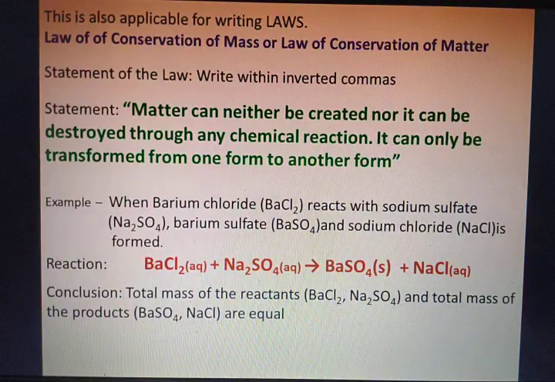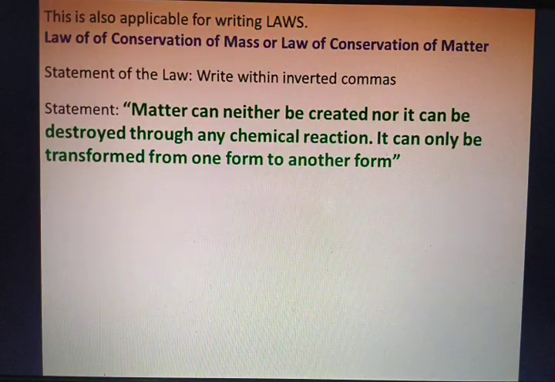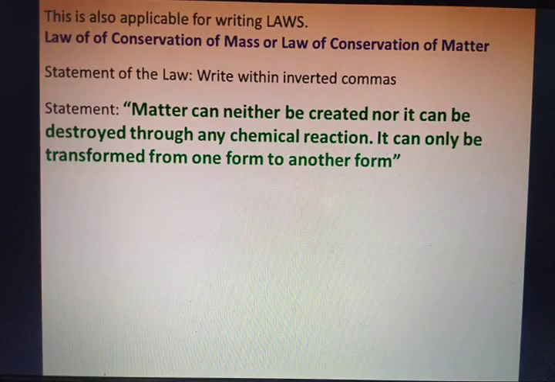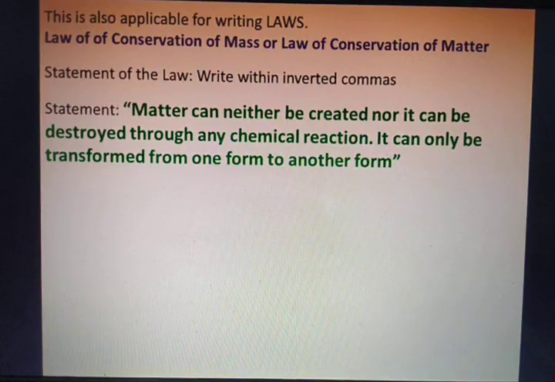But if it carries 2 marks, what will you write? If it carries 1 mark, you will only write the statement. And if it is carrying 2 marks, then along with that, you will additionally write the example.